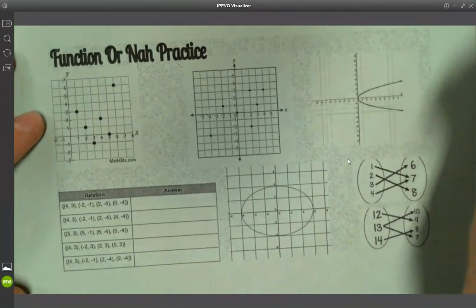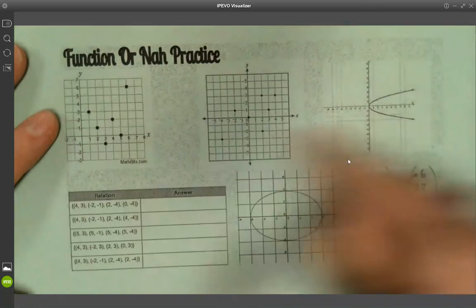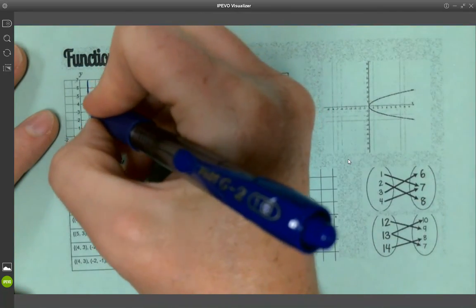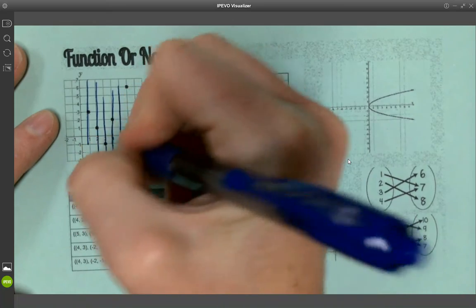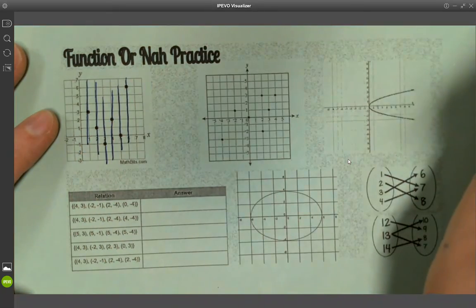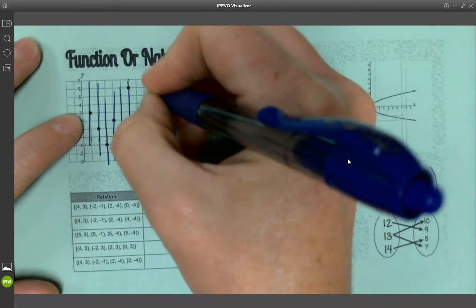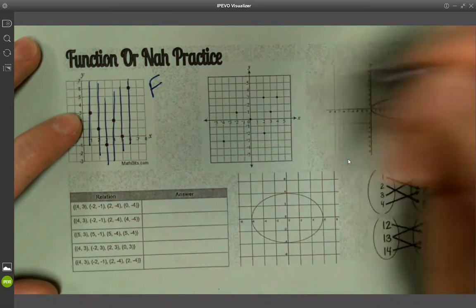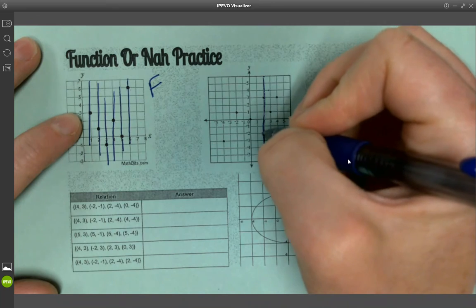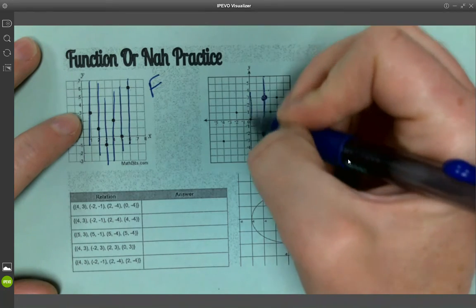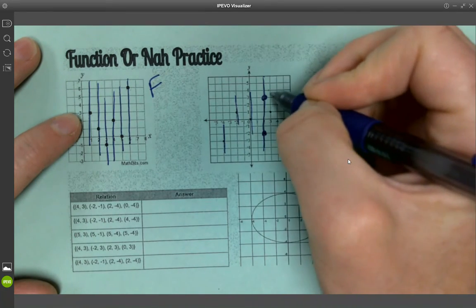So on here, you would double check with your vertical line test anytime there's a graph. So you could draw vertical lines, and if it crossed 2 points at one time, then it'd be not a function. So this is a function. But this one, see this location, it passes through 2 points, even though all these other ones are okay.